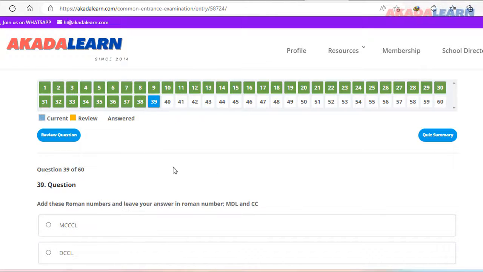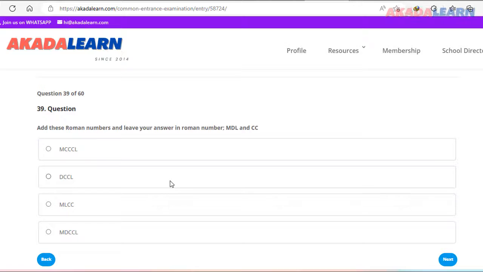Okay, next question, 39. Add these Roman numerals and leave your answers in Roman numerals. So MDL and CC. So let's look at the solution and see what our final answer is.